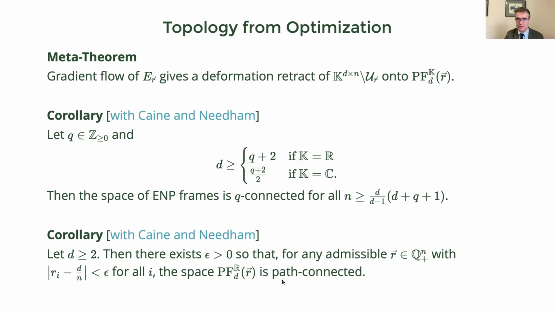Dustin and Nate and Jameson showed that the equal norm Parseval frames are path connected, but this is saying you can actually go out to some little neighborhood and all the things in that neighborhood are also path connected. And again, you can start with not just equal norms, but a bunch of other things. So this is telling you that it's not just some isolated thing. There are open neighborhoods where they're all path connected.